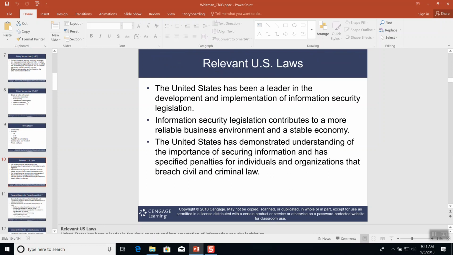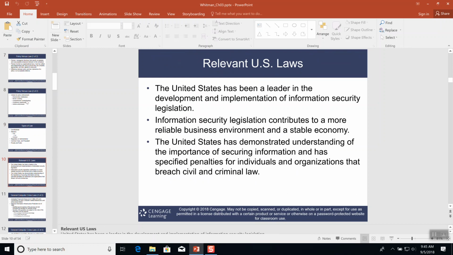The United States has been a leader in development and implementation of information security legislation. Other countries don't care about it as much. And as a consequence, some of the places that will violate information security are located elsewhere. Information security legislation contributes to a more reliable business environment, stable economy.